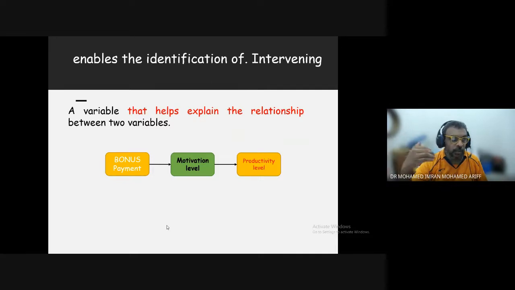Using the Shopee example again, if your trust level goes up, the more you will spend on Shopee. So an intervening variable is something in between that helps explain the relationship between bonus and productivity level. You can discover this using multivariate analysis.